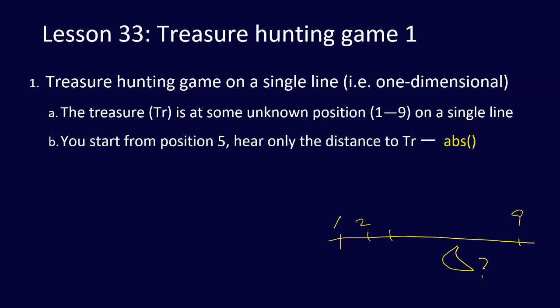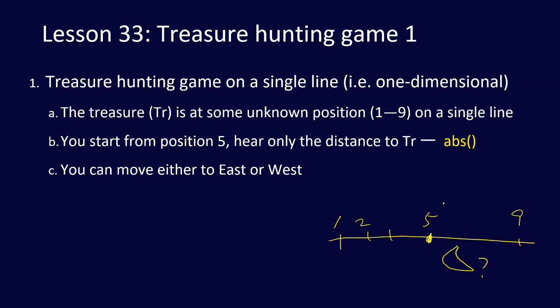Then you start from position 5, and all you know is the distance to the treasure from your position. We'll do that using the abs function. Then you have a choice of going east, that is to the right, or west, that is to the left.